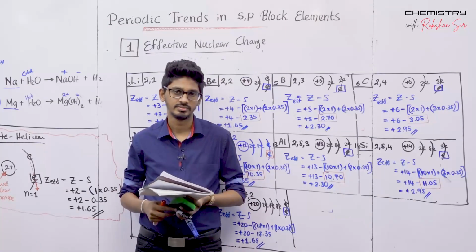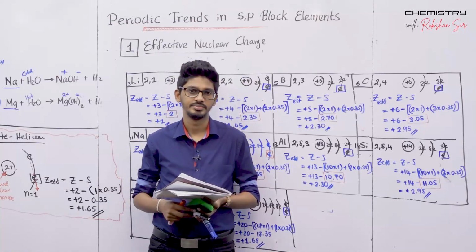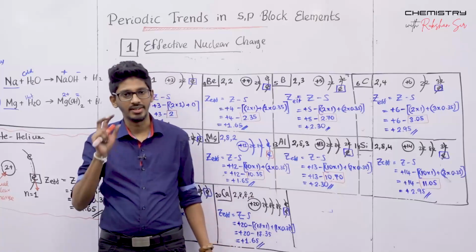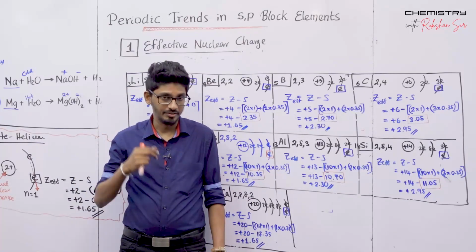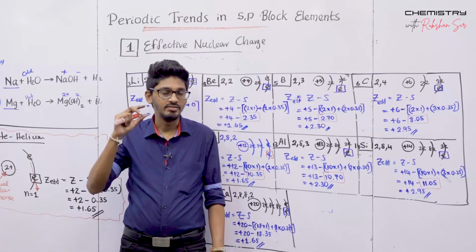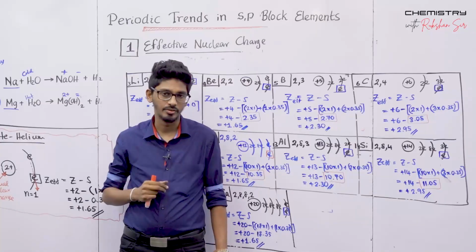Close the brackets. That is the second point. That is what happens with the shielding effect. Earlier we had discussed what happens with the nuclear charge. Then we discussed what happens with the shielding effect going towards right of a period.